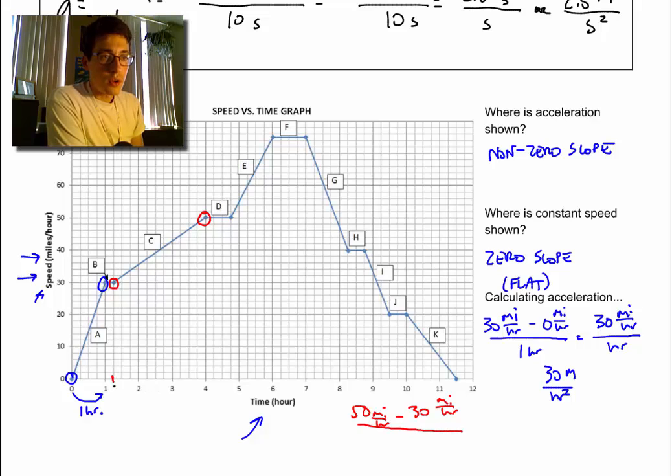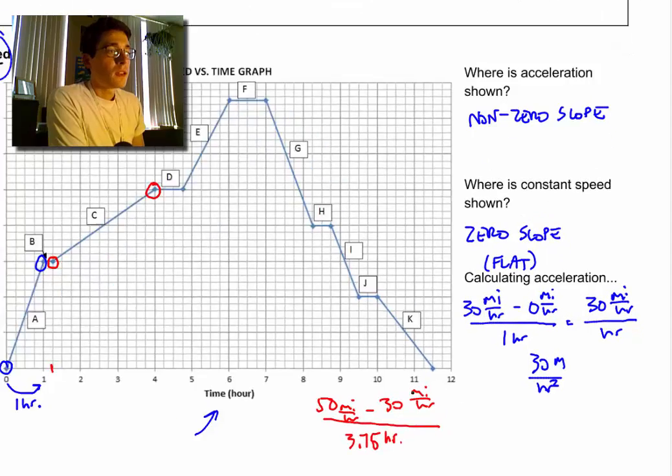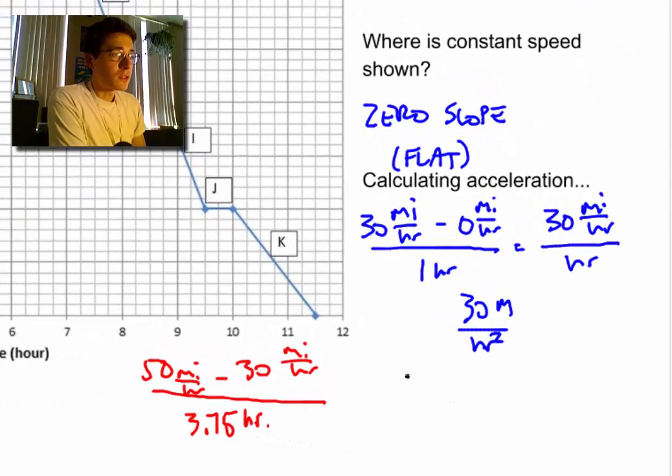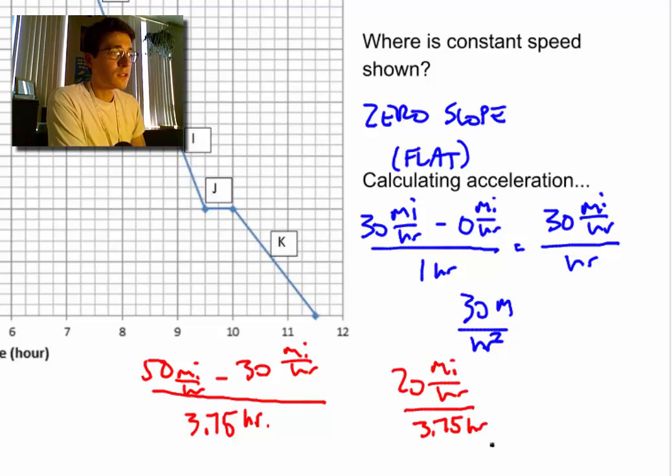We're going from 1.25 all the way up to 4, so this is 3.75 hours. When we subtract, 50 minus 30 gives me 20 miles per hour, divided by 3.75 hours.